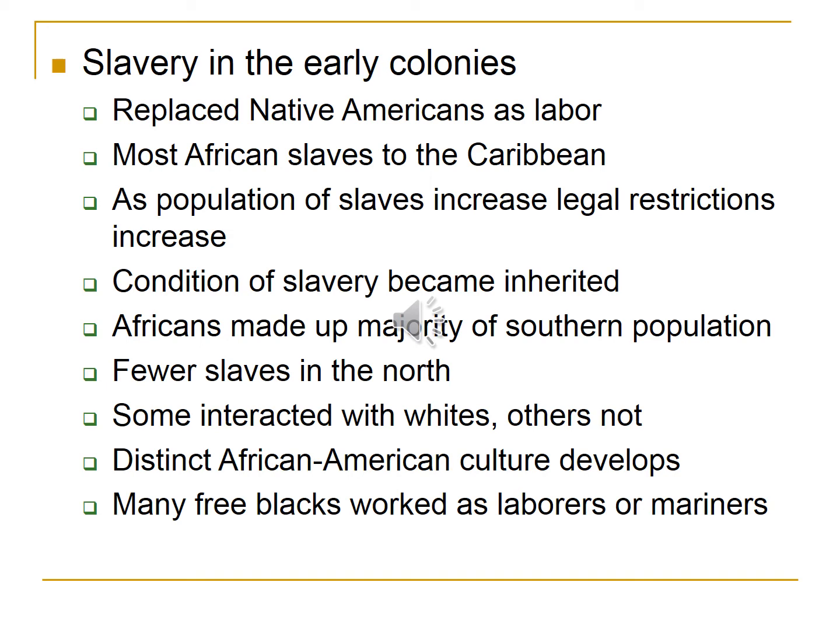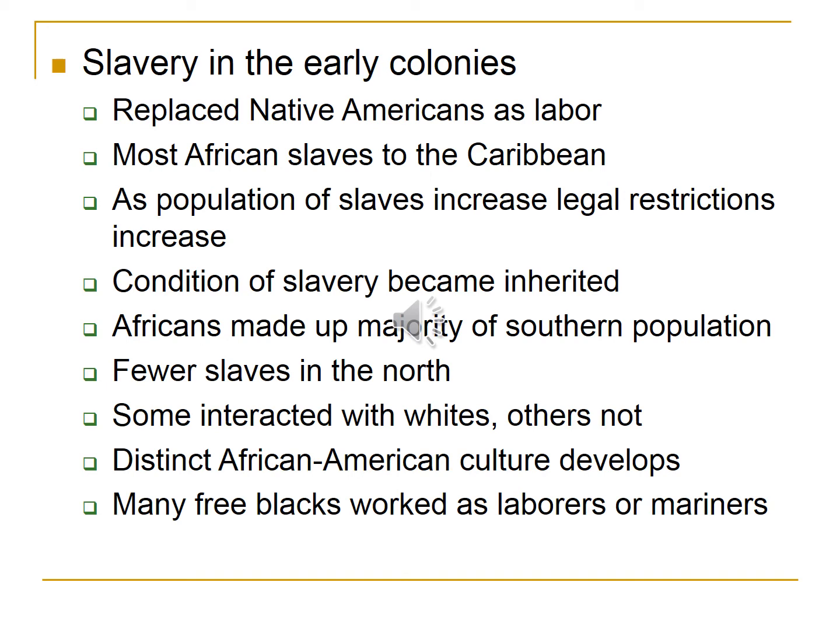Oftentimes it was 10 times worse in the Caribbean and in the islands, because it was hotter, there were more diseases, and there were more slaves, so they were expendable, and they were treated much worse in many cases than they were on the mainland.